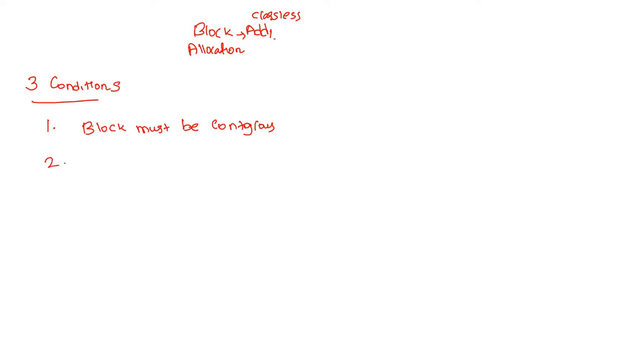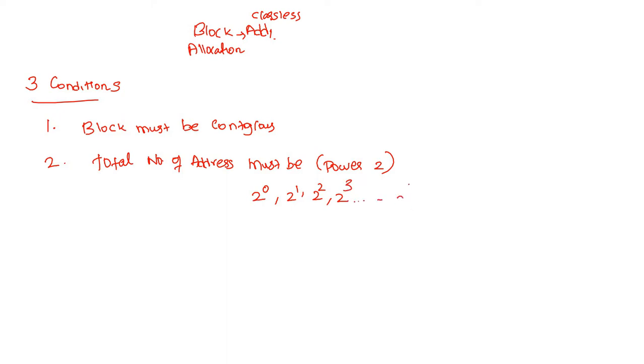Second, the number of addresses must be in powers of 2, just like 2 power 0, 2 power 1, 2 power 2, 2 power 3, and so on, up to 2 power 32.